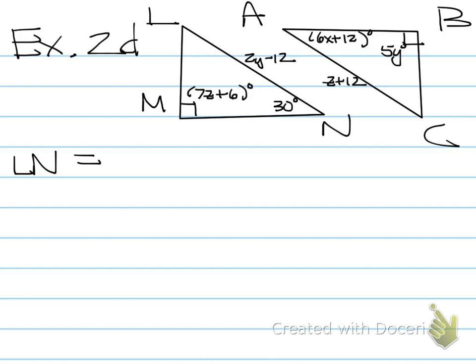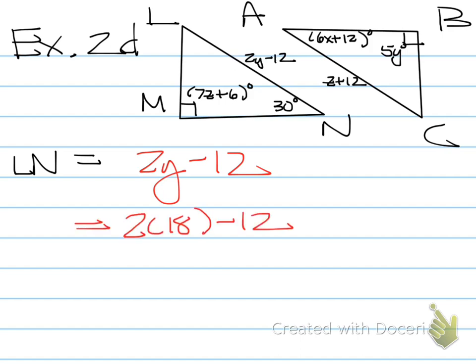And then LN we can find by plugging in the value of Y that we solved a couple slides ago. So the expression for LN is 2Y minus 12. So we want to replace the Y with its value that we found, 18. 2 times 18 is 36. Minus 12 is 24.